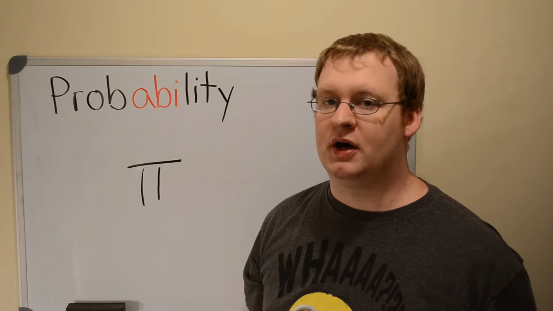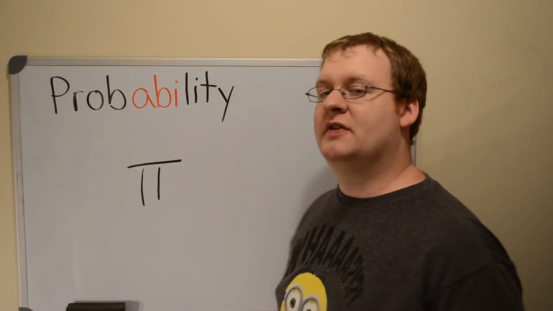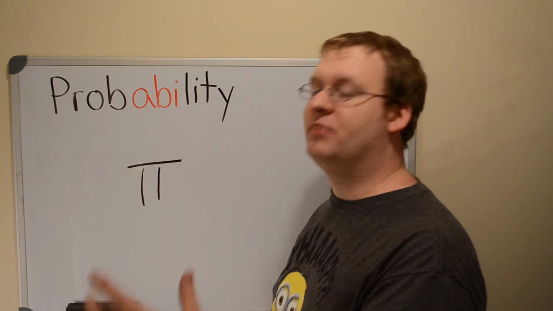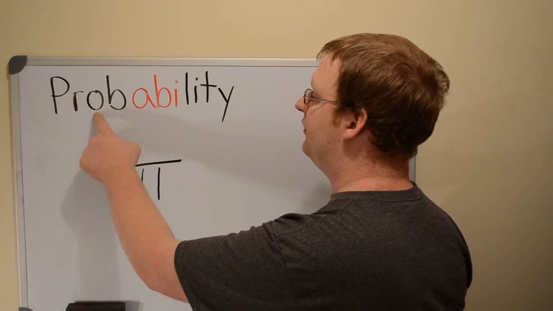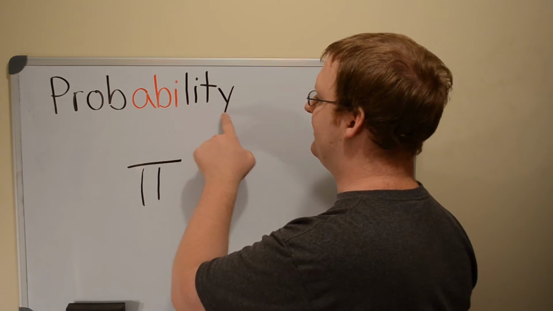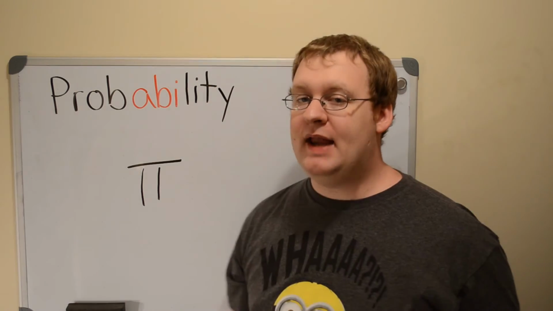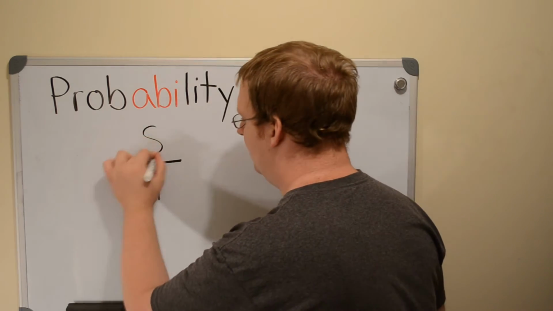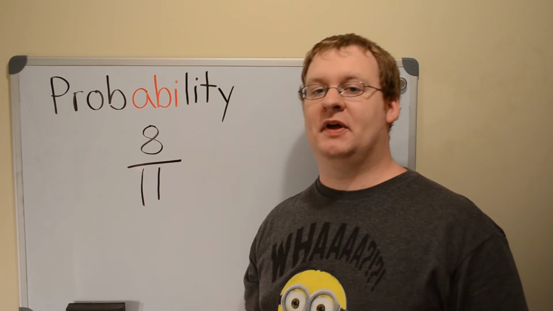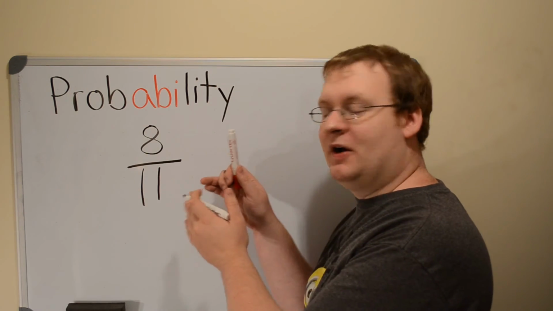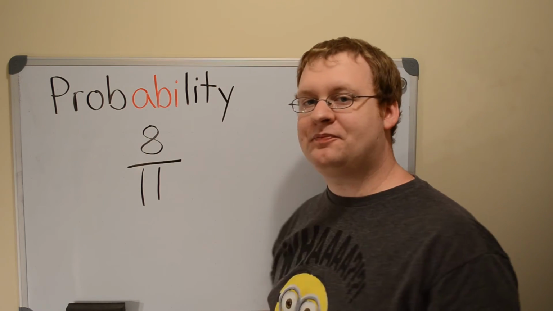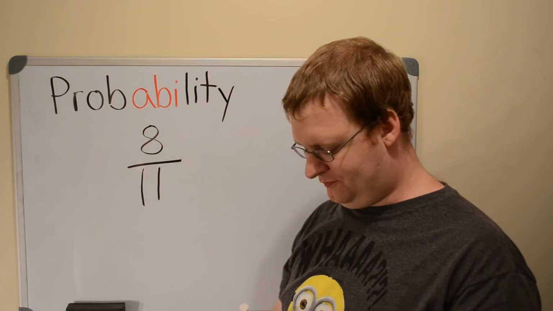And I wanted you to draw a black letter out of this box. So we're going to count the number of black letters. We got 1, 2, 3, 4, 5, 6, 7, 8. There are 8 black letters. So that goes on top. And our probability is 11 divided by 8. That's pretty cool, right?